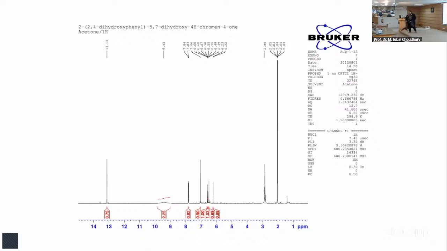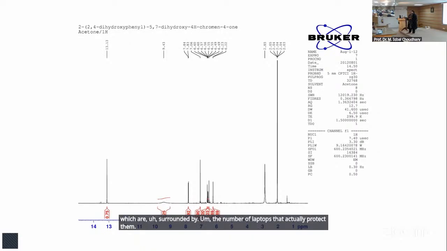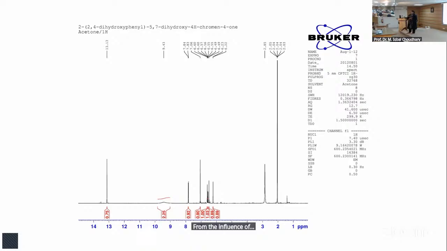Okay, when we put the downfield, it is the high number of ppm. So upfield means those protons which are surrounded by the number of electrons that actually protect them from the influence of the magnetic field.